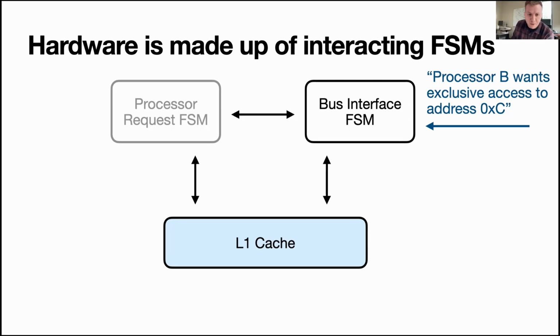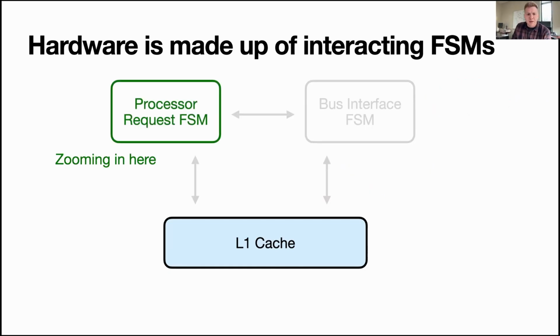So in this example, suppose another processor wants to upgrade its permission for a cache line at address 0xc, while the bus FSM is processing the request and interacting with the cache. It must temporarily stall requests from the processor FSM, which is a typical interaction pattern in managing shared resources in hardware.